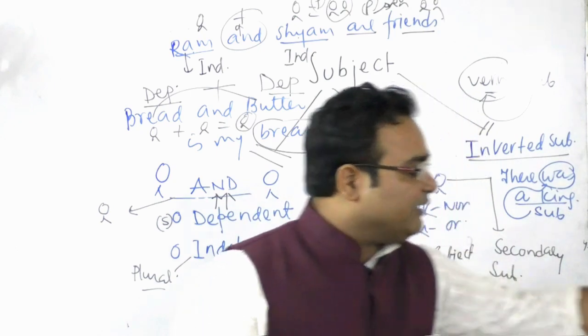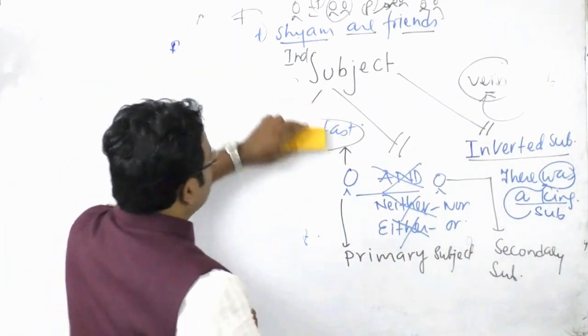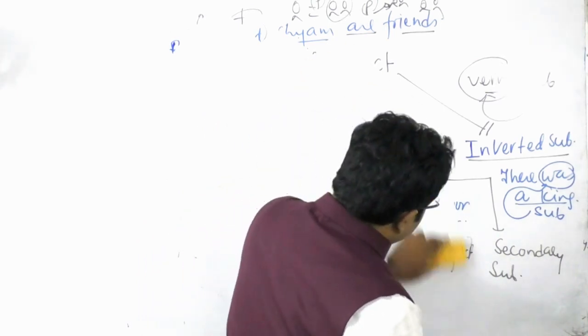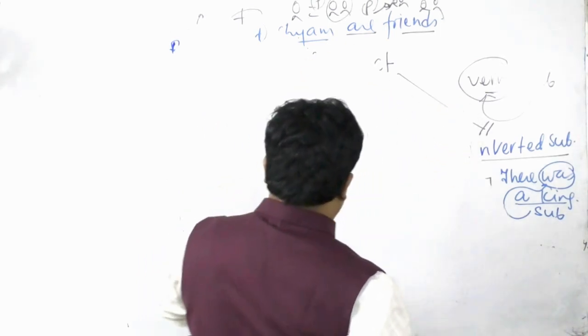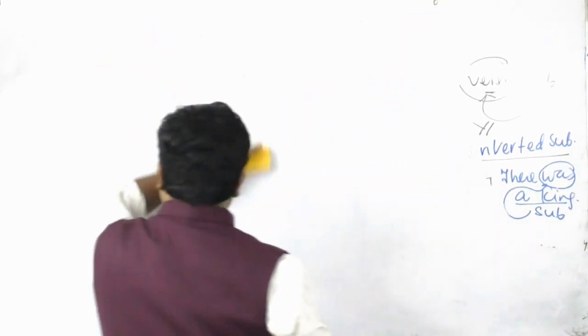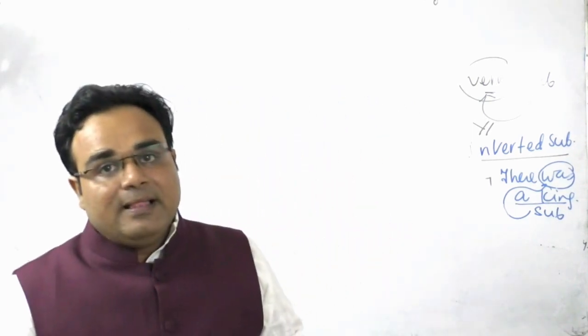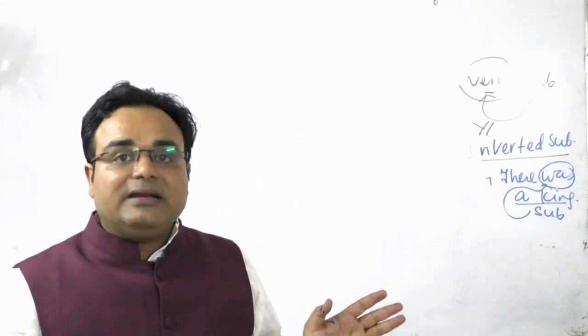Let me tell you frankly. Now I am rubbing this off. So I tell you, in case of primary and secondary subject, if two subjects are connected by anything other than and, neither nor or either or, alright.